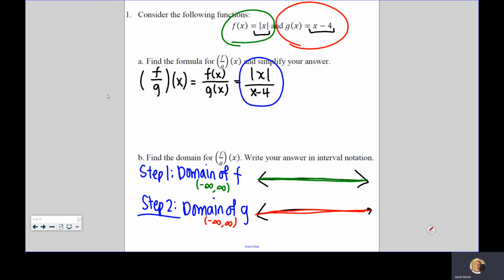Now we're almost done. Normally we would just right now find the overlapping pieces, or the common parts, the parts that they have in common. But we have to remember that extra piece, because we're doing f divided by g.